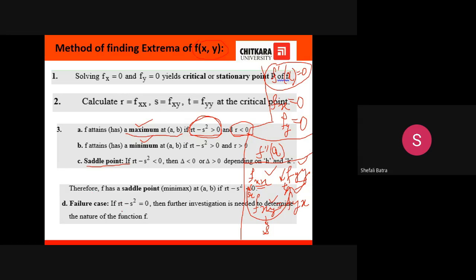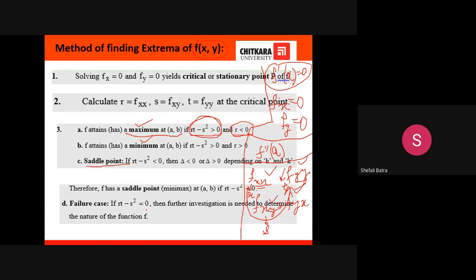And if this is exactly zero, then further investigation is needed to determine the nature of the function, whether it will go to maximum or minimum. We are not sure when it is equal to zero.